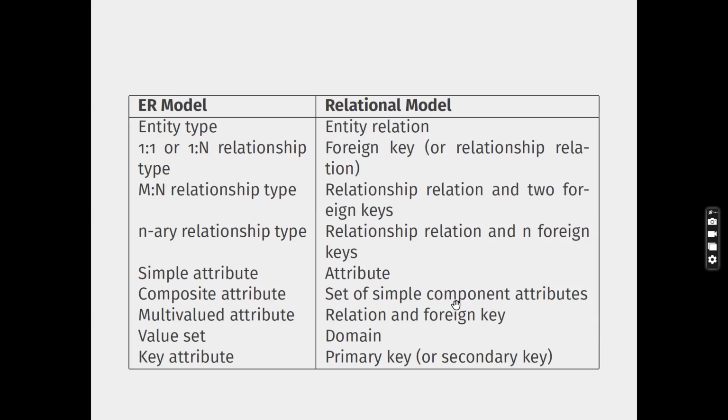Composite attributes become simple component attributes. Multivalued attributes create a new relation and a foreign key. Value set means what values are supported in the ER model. For example, gender has two values, which we call a domain. In the ER model, we usually talk about key attributes, and you can have any number of key attributes. Any unique attribute can be defined as a key attribute, but in the relational model, we take one of them as the primary key.